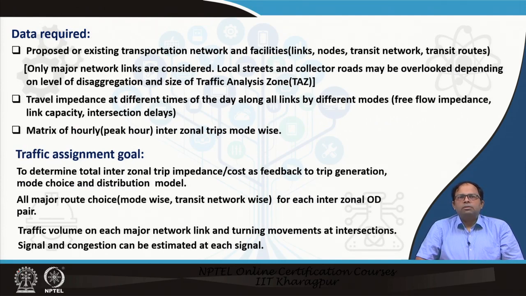So the data required to carry on this assignment process is, we need to know the proposed or existing transportation network and facilities, such as the links, the nodes, the transit network, the transit routes. All this data has to be there. And we only consider the major links, because if we look into the very small local streets or even collector streets, there is a huge amount of data, and the options would be increasing exponentially, or maybe even more.